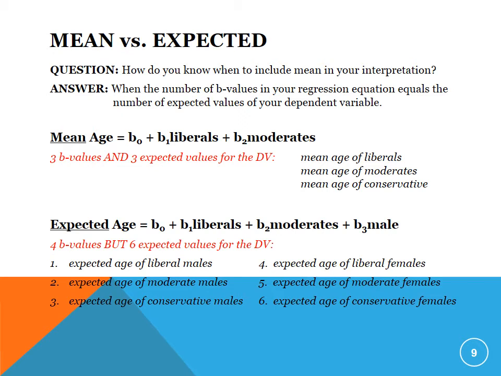But some variables like age, you can't count how many people said they were 21 or 23 or 25 or what have you. Usually for interval level variables, you just say expected. And it's for the categorical variables, where you can actually count the number of values for them, that you might consider saying mean. All right.